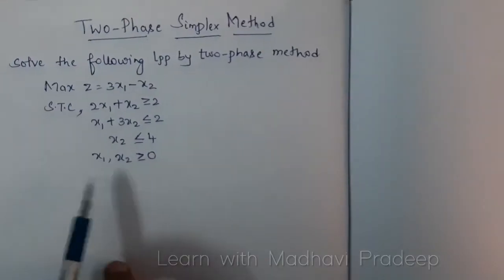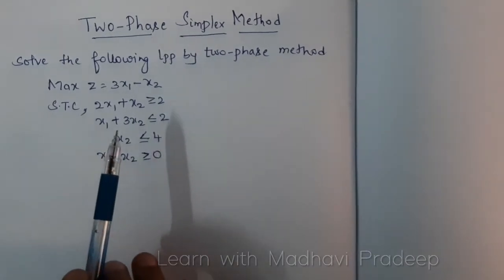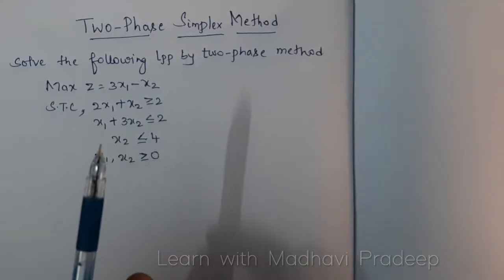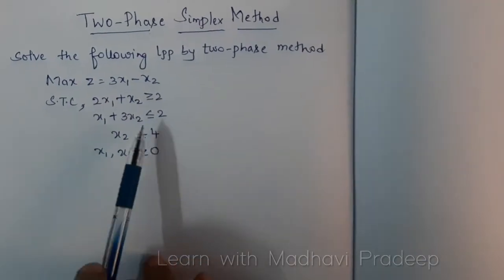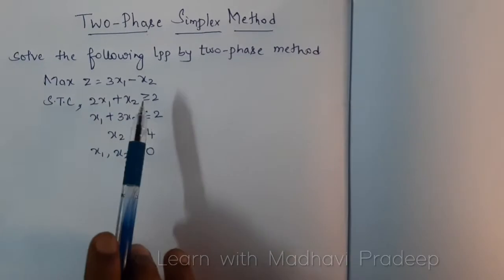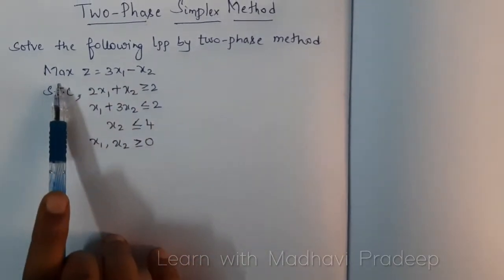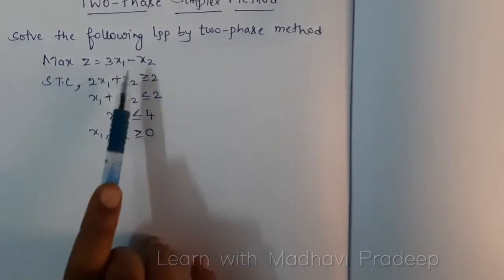So here in step 1, as we just saw in the criteria, only a minimization problem is used in the two-phase method. If the given problem is maximization, we need to convert it into minimization. Checking the objective function, the given objective function is maximization, so let us convert it into minimization.